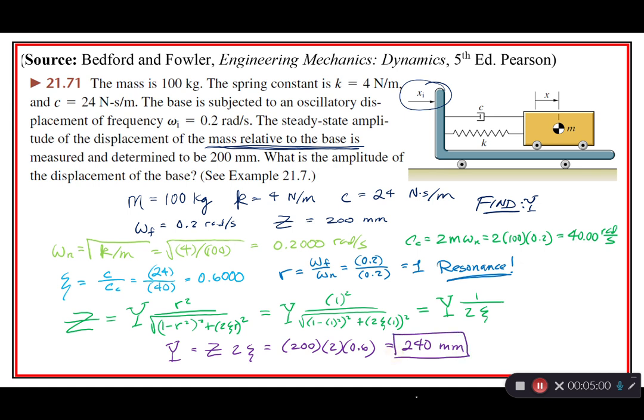And so that's the prediction that we're going to get. You put in 200, and then the relative between these two is going to be 240. Just a little twist on the problem, not too much different. One more after this. Kaboom.